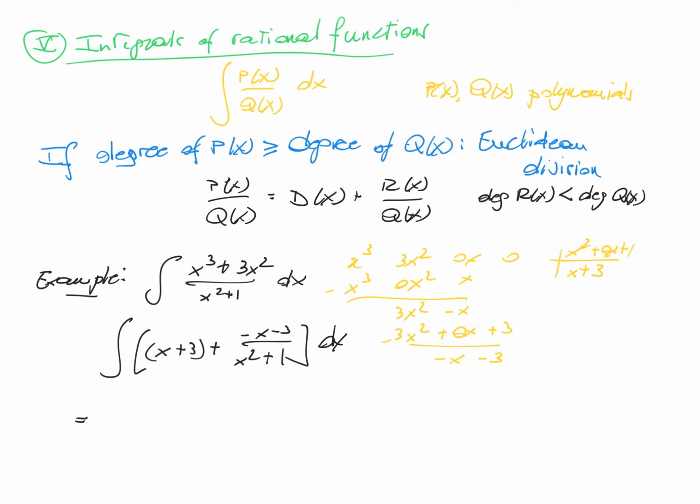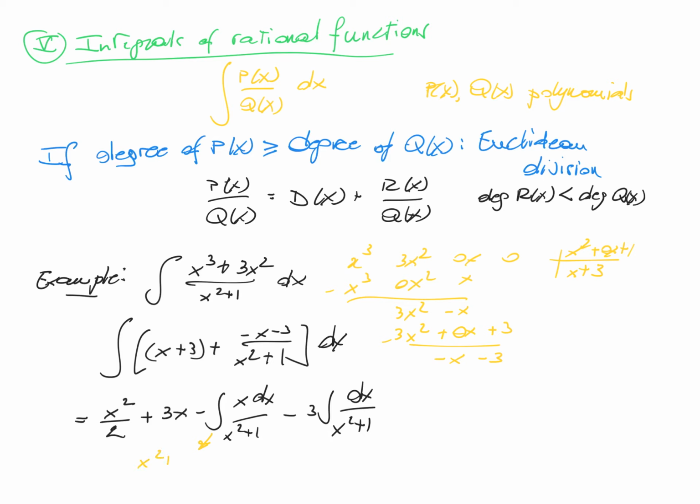The integral of x is just x^2 divided by 2. The integral of 3 is 3x. And then we have minus the integral of x dx over x^2 + 1, minus 3 times the integral of dx divided by x^2 + 1. For this first integral, you can do a substitution.